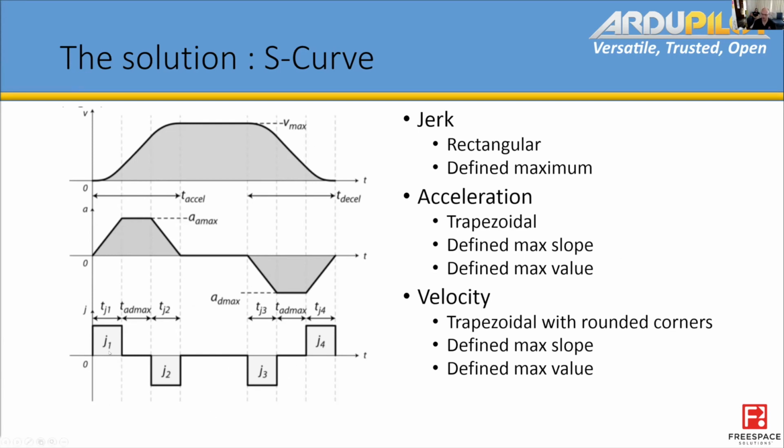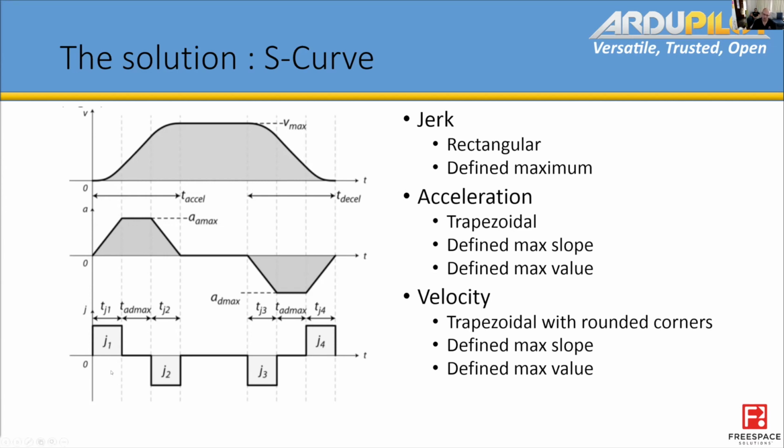Now the jerk here basically says we're going to have a jerk limited response as we're looking to accelerate up to a velocity and then decelerate. And so in the end, we stop. We've moved from one stationary position to another stationary position.